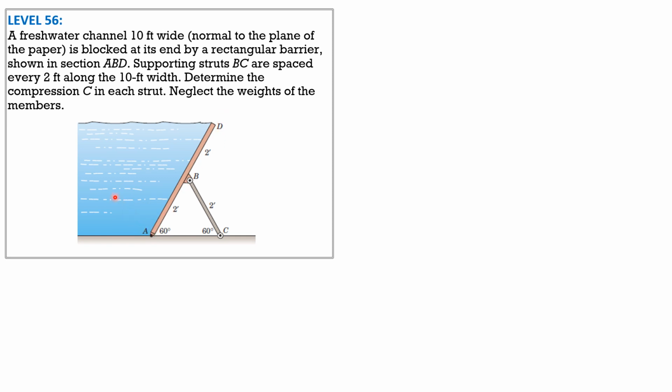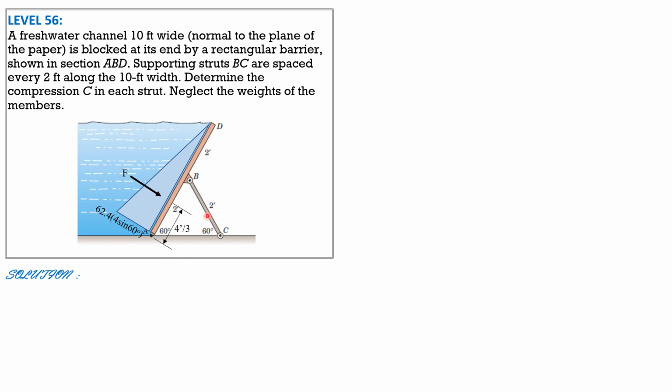So the intensity of pressure at A is the specific weight of fresh water, 62.4, times the height, which is 4 sine 60 degrees, and we will call the equivalent force F. As shown, the distance of F from the hinge A is 1/3 of this length. Since this is 4 feet, that's 4/3 feet.